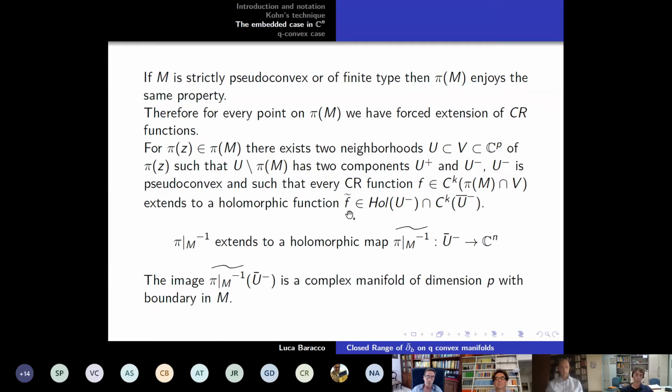So we apply this fact to pi minus 1. So pi minus 1 extends holomorphically to U minus, and the image of U minus is a complex manifold of dimension p whose boundary is contained in M.